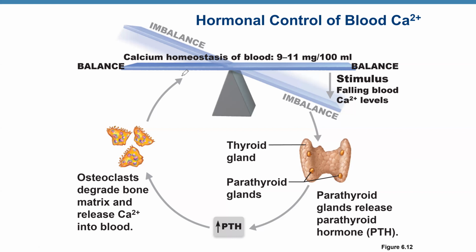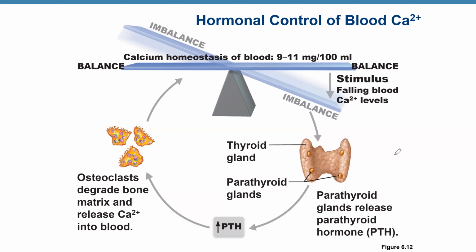Of course, we also have the thyroid gland that secretes calcitonin. So calcitonin is decreasing calcium level in blood. So parathyroid hormone increases calcium in blood, and calcitonin secreted by the thyroid decreases blood calcium.